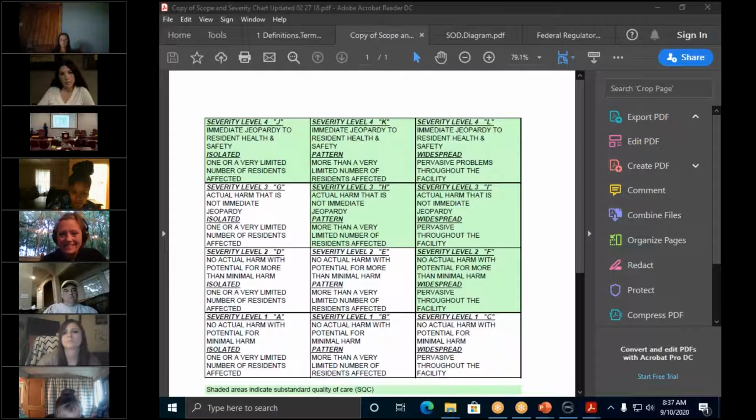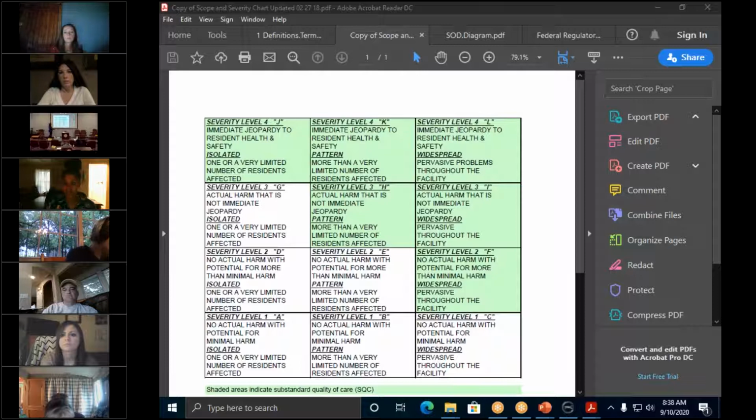When you look in the important terms and definitions that I've also provided, the scope of the deficiency reflects the pervasiveness of the deficiency throughout the facility, and the severity of the deficiency reflects the impact the deficiency has on the safety of the individual.